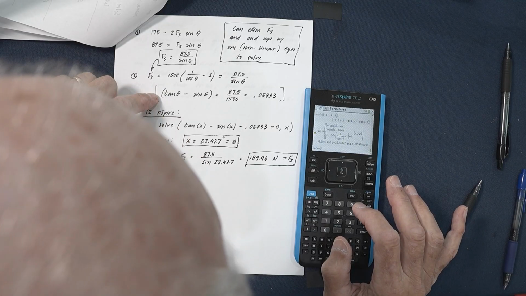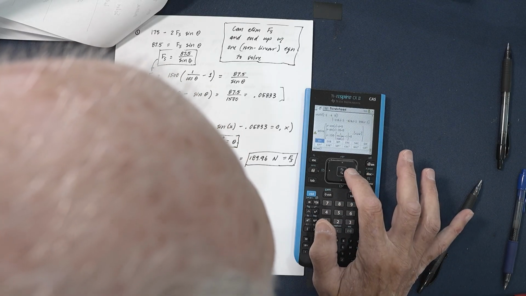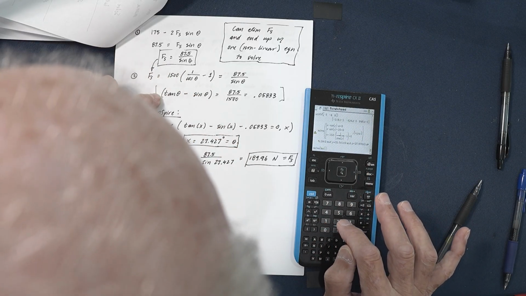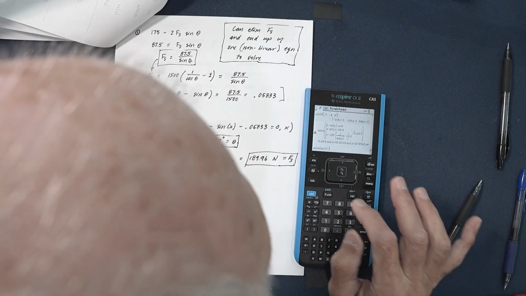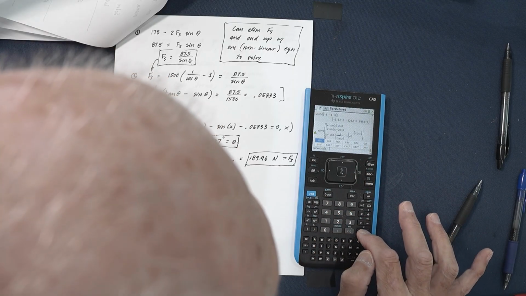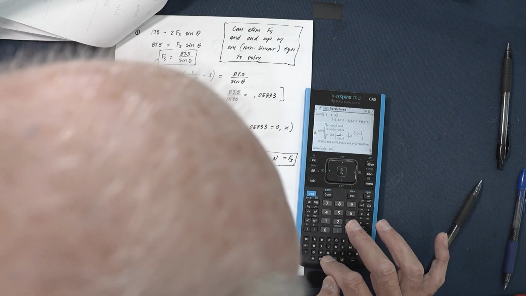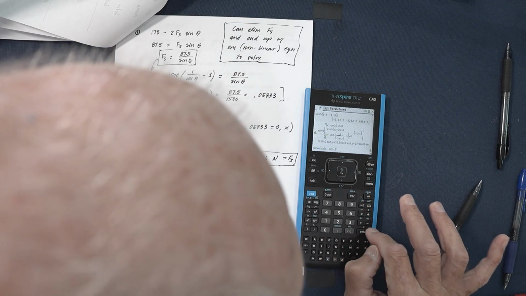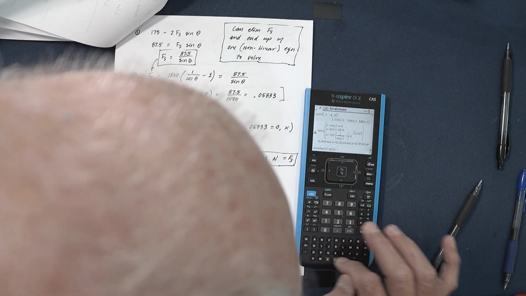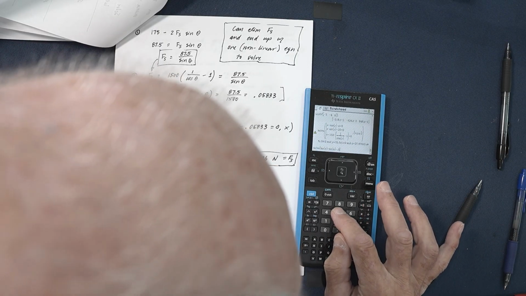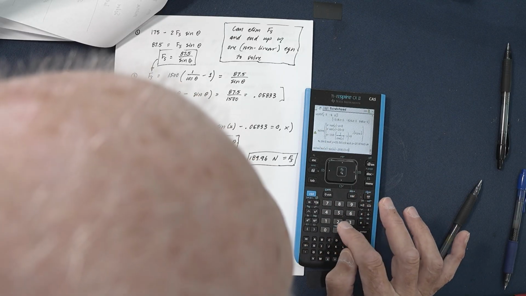And we're going to go tangent of theta, trig, tangent of x, I'll just use x for theta, x minus trig sine x, x minus 0.05833 is equal to 0.